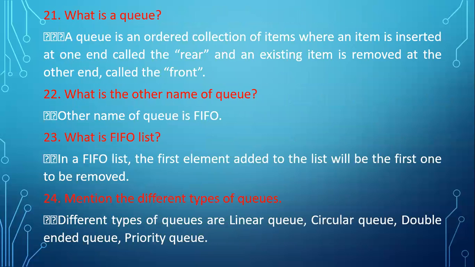Next, question number 21. What is a queue? A queue is an ordered collection of items where an item is inserted at one end called the rear and an existing item is removed at the other end called the front.